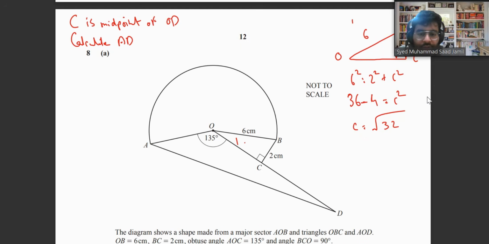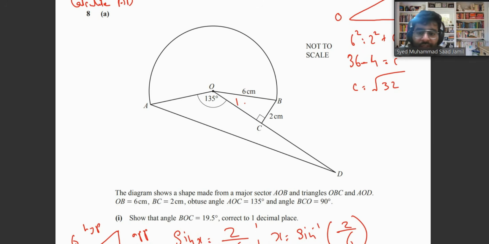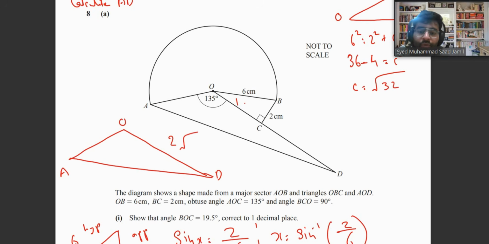Alright. So this whole thing OD, let me now make this triangle over here. OD will become 2 under root 32 because it's twice OC.